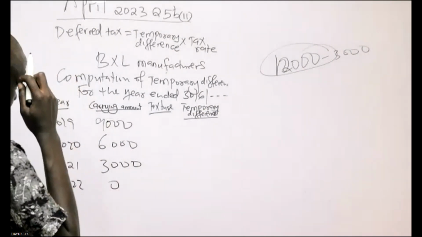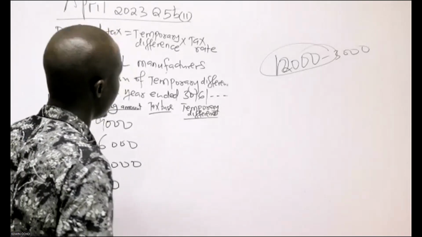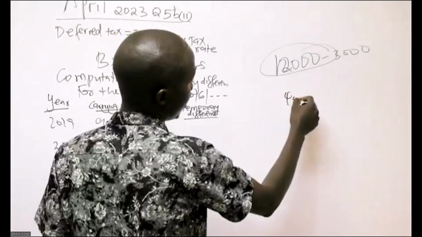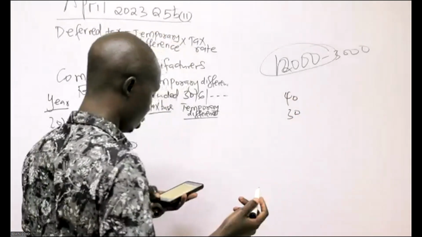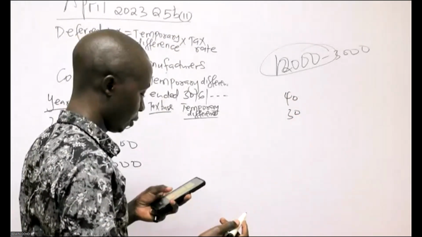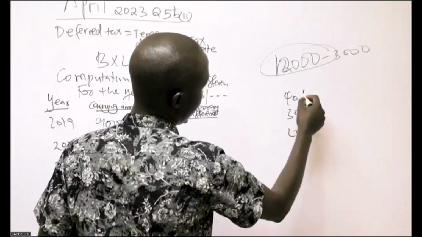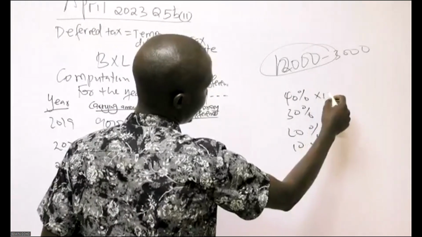Tax base is all about the cost minus accumulated capital allowance. You know your capital allowances, the rates were 40, 30, 20, and 10 percent, applied on the 12,000.